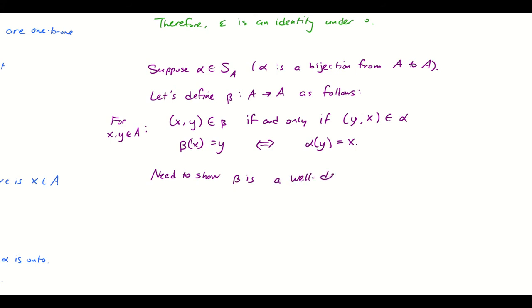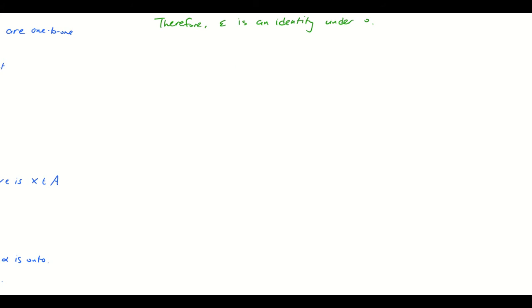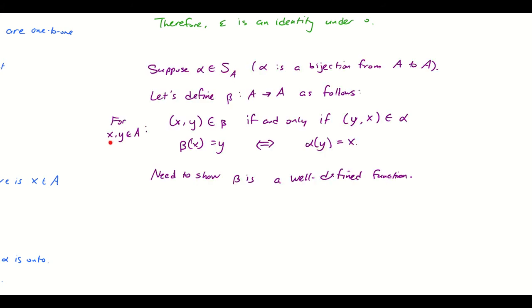That it's a well-defined function, meaning that it actually does something to each element of A. Or to put it more in terms of the ordered pair definition of function, we need to show that for every x in A, that x can actually go in the input spot of an ordered pair. So in other words, we need to show that this part of the ordered pair can be any element of A. Otherwise, we have some elements of A that can't be inputs for this function, which is a problem if we're going to say this is a bijection from A to A.